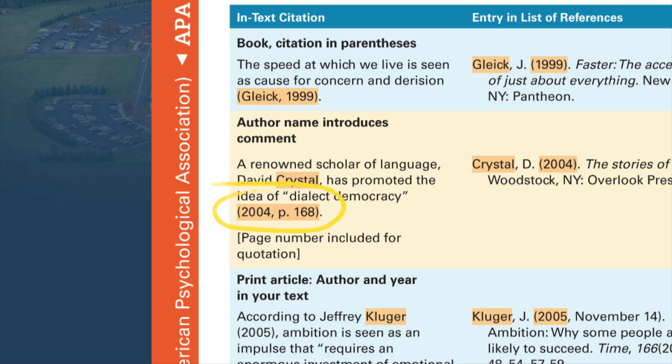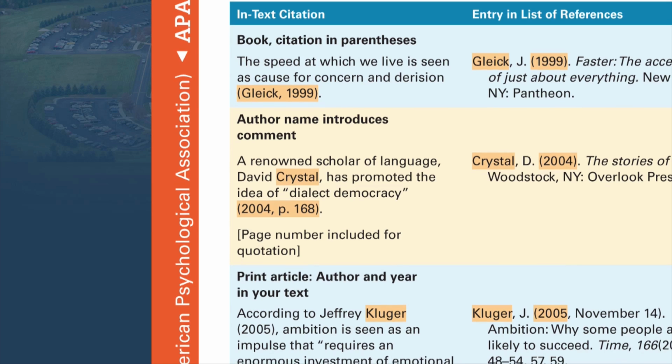That's P, period, space, and then the page number, in this case 168, with the period then closing out that sentence. The difference is that we know who the author is by how you've written the sentence. Therefore, you don't need to be redundant and put the author's name in the parentheses as well.